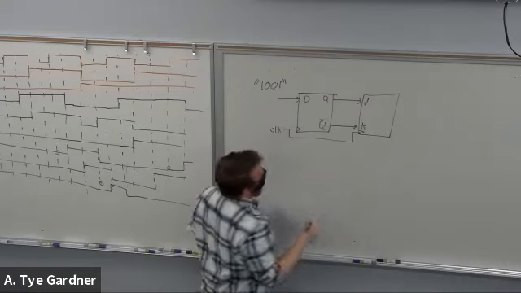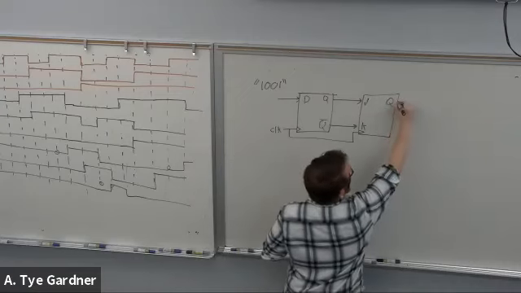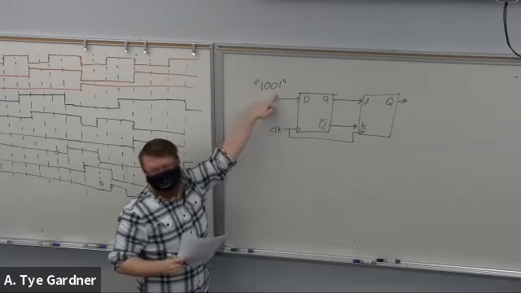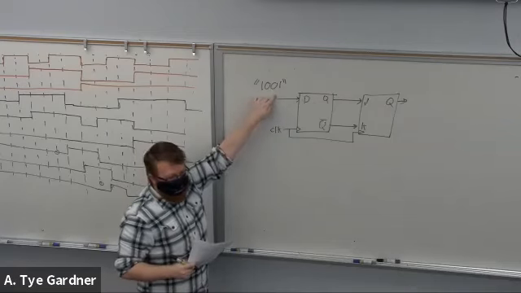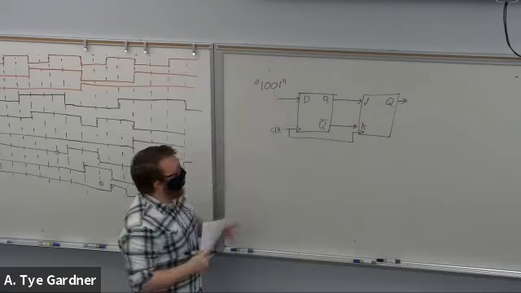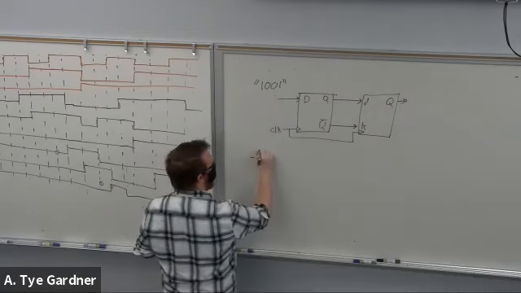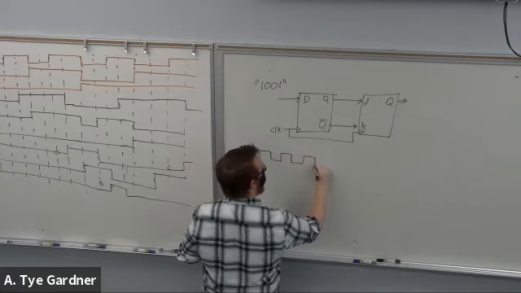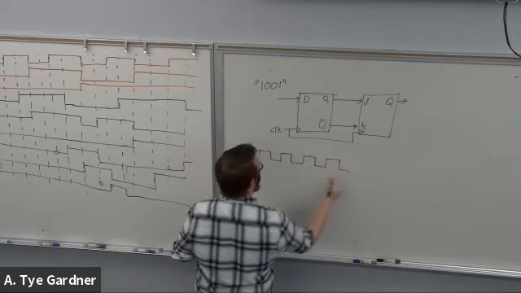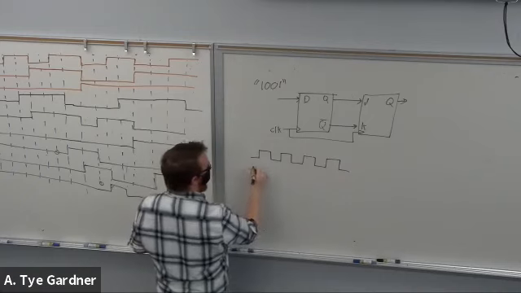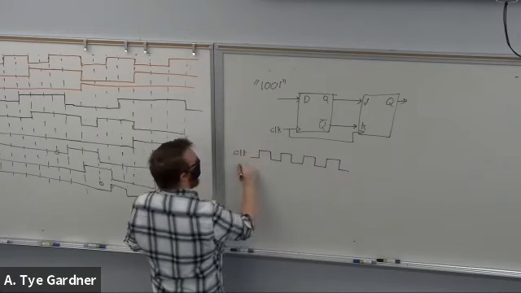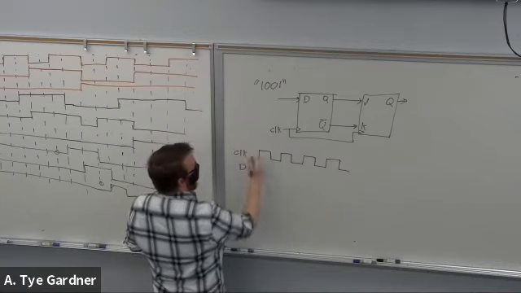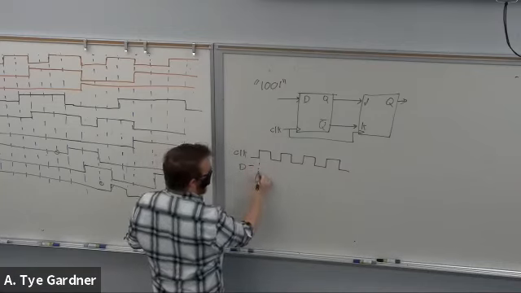The D flip-flop has an input sequence of 1, 0, 0, 1. So what that means is that the rising edges of the clock, I'm going to have, so this is clock, my D input is going to be 1. So these are my nodes.